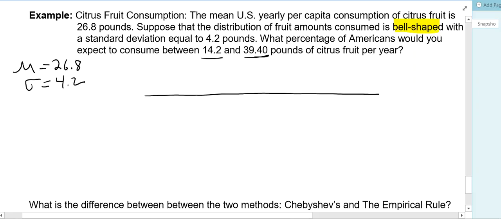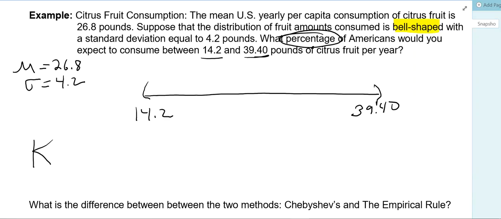In other words, I am given the interval, and I want to find the percentage this time. If I want to find the percentage, I need to find k, right? Notice in all these problems, I'm usually finding k, and then I'm either using it to get the distance or the percentage.